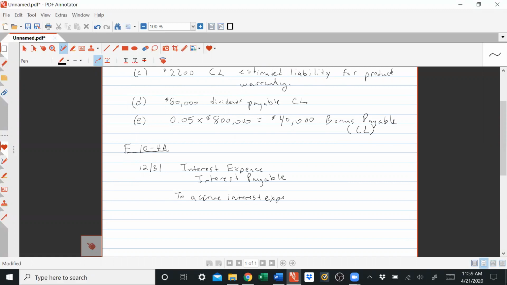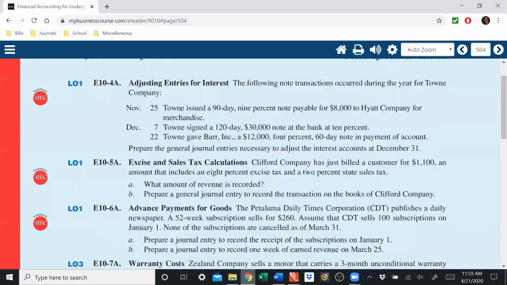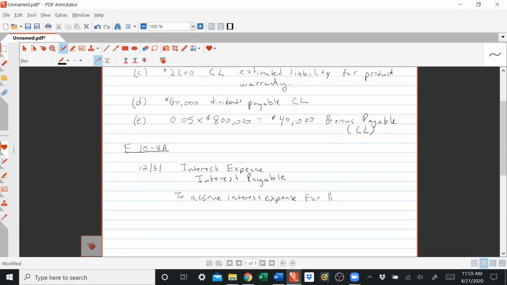So this is the little note to accrue interest expense for the Hyatt Company note. And the question is, how much, right? 36 days worth. So we go back.